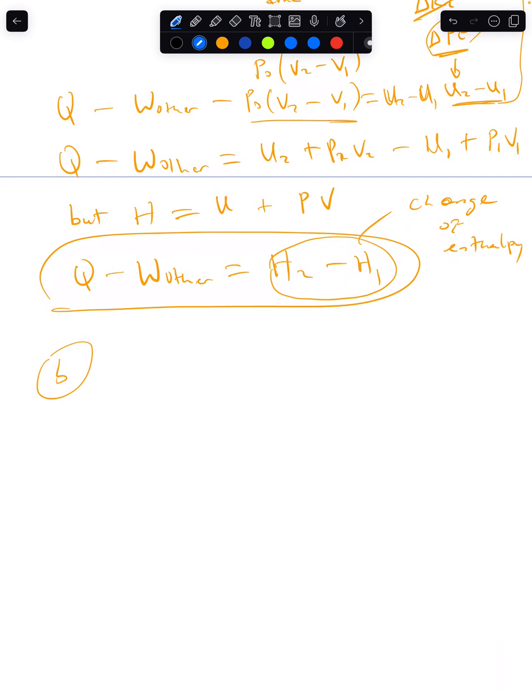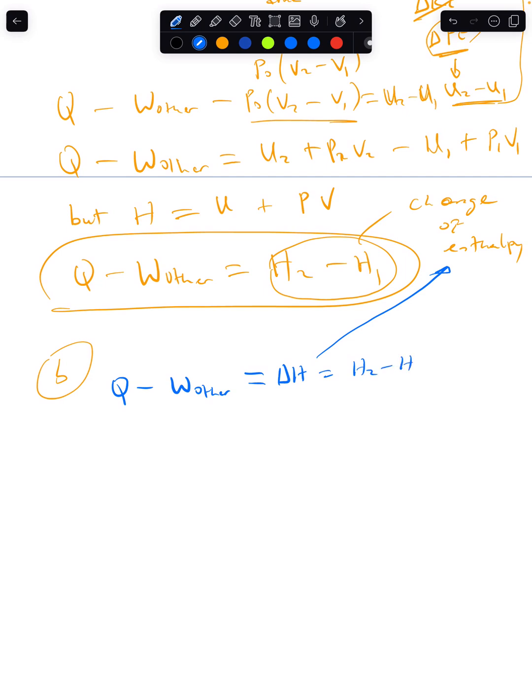We have heat minus work, which is other form of work, equal to what? Equal to the formula for change of enthalpy, which can be what?